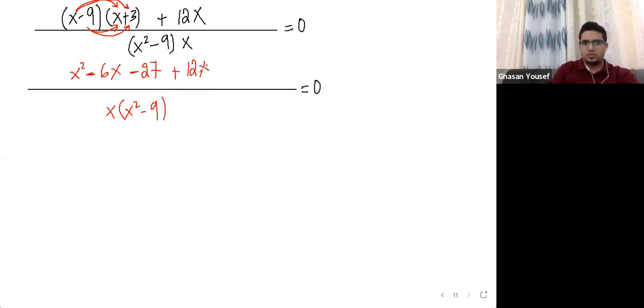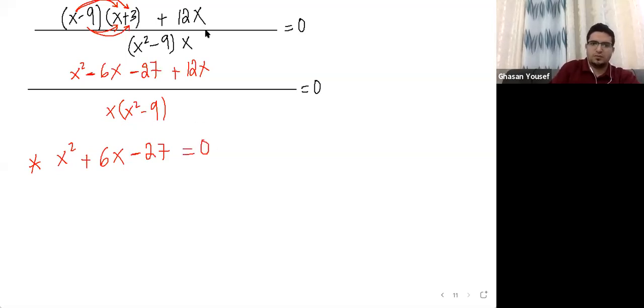Now, to solve something like that, I have to cross multiply, so this would be 0. I write x squared minus 6x minus 27 plus 12x, which gives plus 6x minus 27, equals 0.